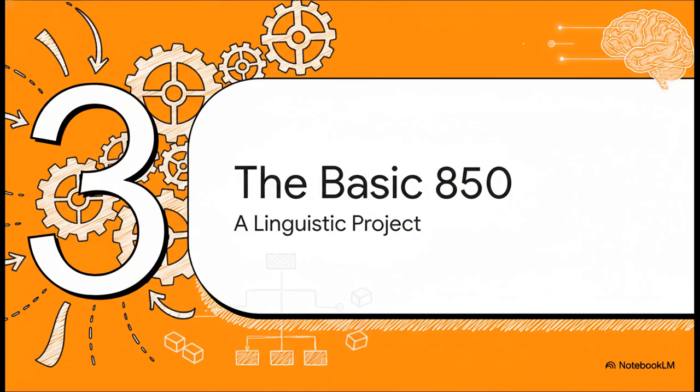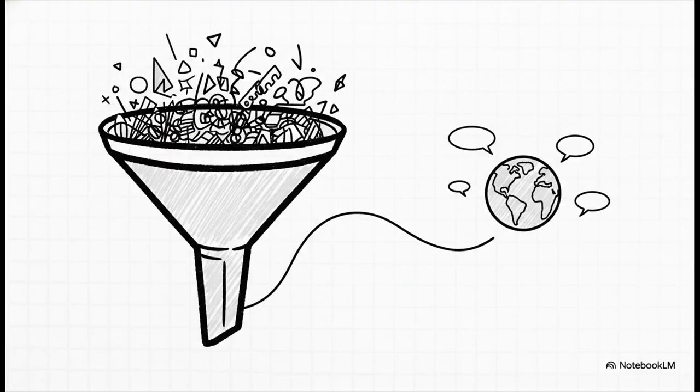The Basic 850. This isn't just some random list somebody threw together. No way. It's a whole system, deliberately and carefully designed, with a huge, ambitious goal behind it. Basic English, you might see it called BE 850, is what's known as a controlled language. The best way to think about it is, it's like English that's been stripped down to its absolute bare bones, just the essentials.